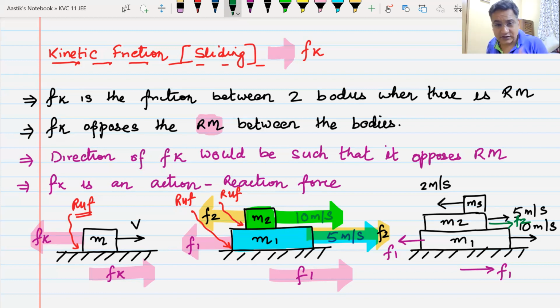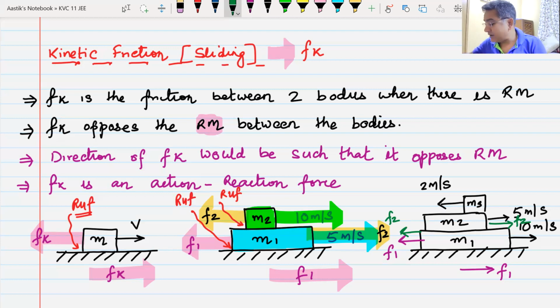So in which direction will M2 apply force on M1? M1 is applied in the forward direction, so M2 will apply in the reverse direction. So this F2 becomes the force applied by M2 on M1. Now I look at between M2 and M3. If I become M2, M3 will be going left. If I become M3, M2 will be going right. Doesn't matter how you look at it. So if I become M2, M3 will be going towards left.